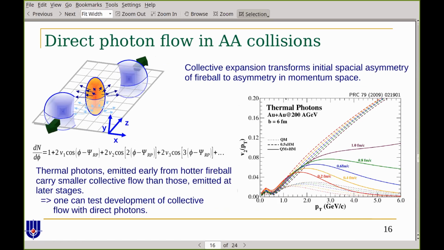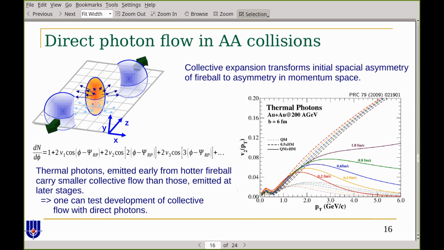Okay, and the last part of my talk is the direct photon puzzle. So direct photon collective flow is the collective expansion of a hot fireball, which transforms the initial asymmetry in space to an asymmetry in momentum.